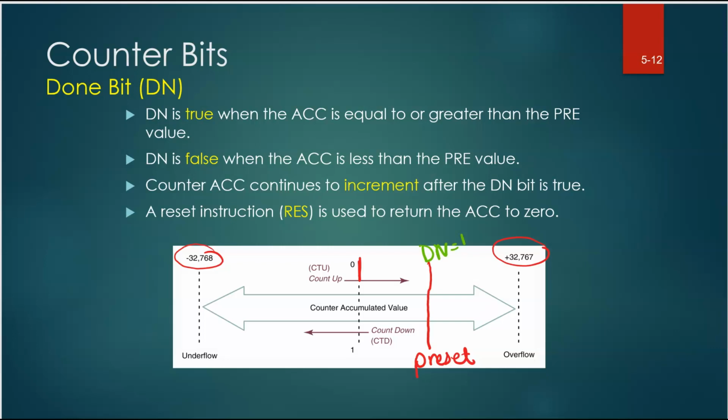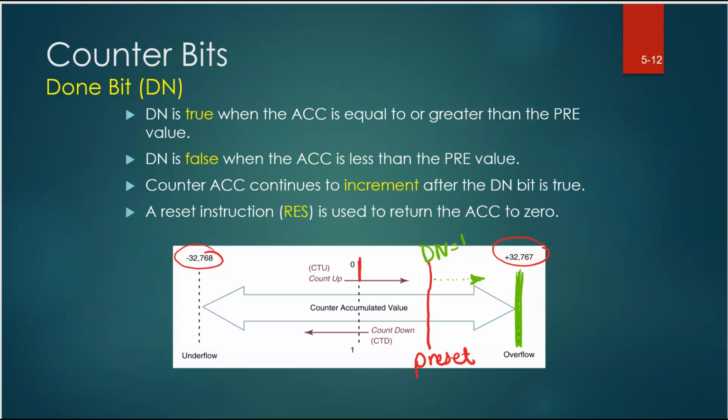But remember that when your accumulator value reaches your preset, it doesn't mean that it will reset your accumulator back to 0. Your accumulator continues incrementing. So still it will go forward and it will be increased until it reaches your maximum possible positive number. At this point, you're going to have an overflow.